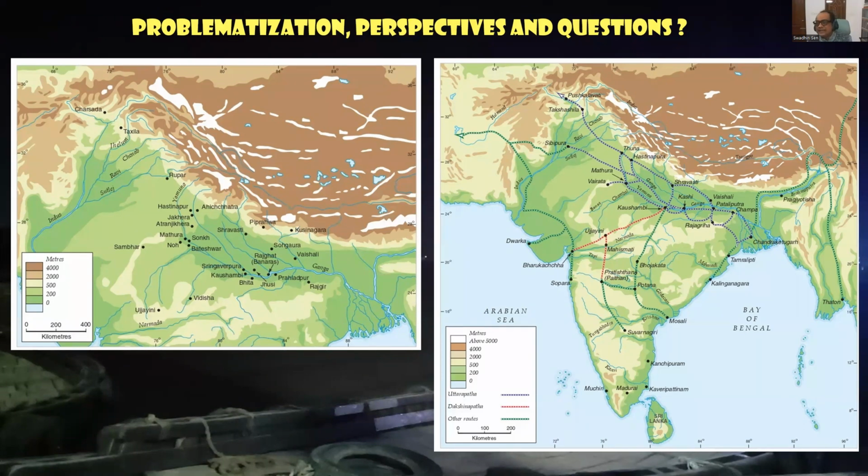Even in limited area excavation, it is very difficult for an archaeologist to corroborate the textual descriptions.